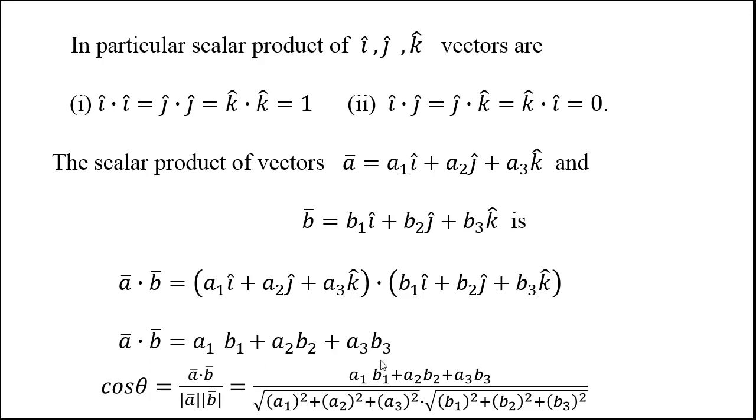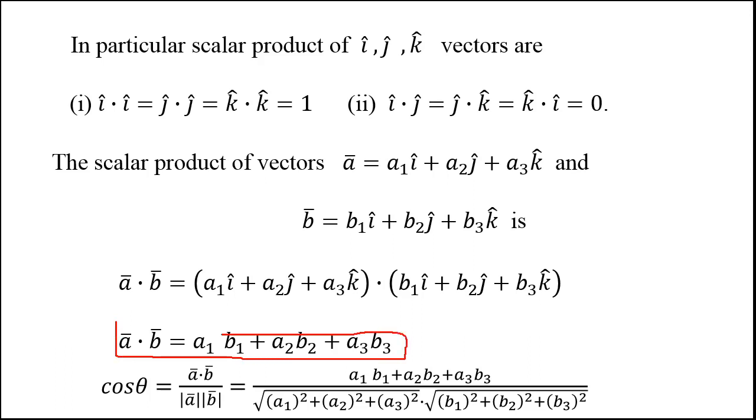So when components of a bar are a1, a2, a3 and components of b bar are b1, b2, b3, then their dot product is a1b1 plus a2b2 plus a3b3. So this is the dot product of a bar and b bar.